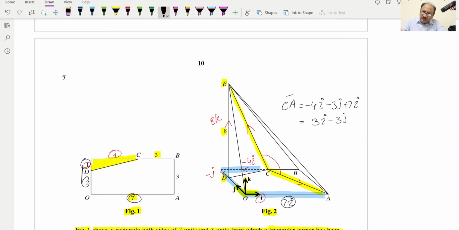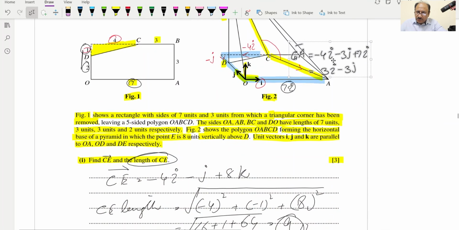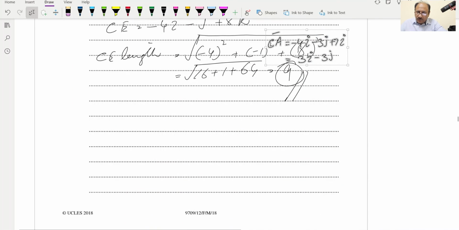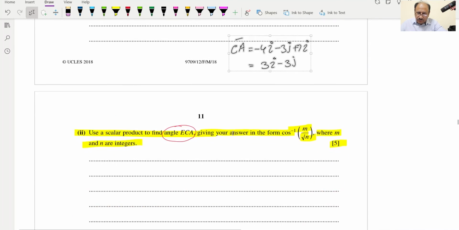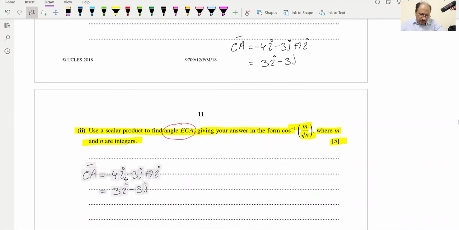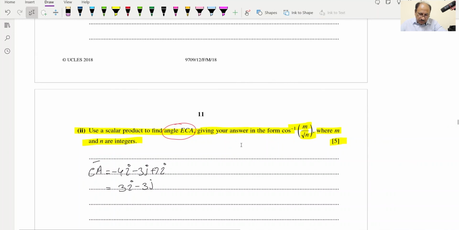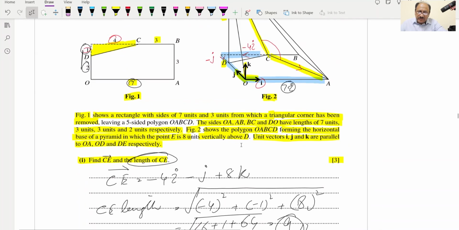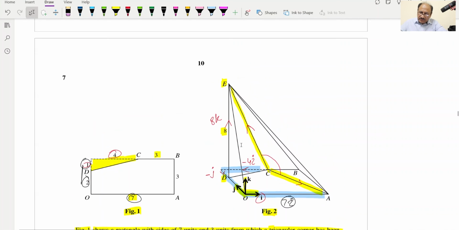So CA, I will shift this CA to the proper location. If I move this CA, which we have checked, this is our CA which we are done. Now we can check for CE, and CE will be this one, which I will draw in a different color.